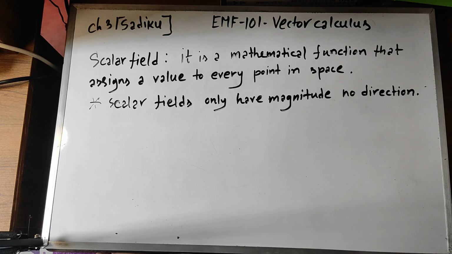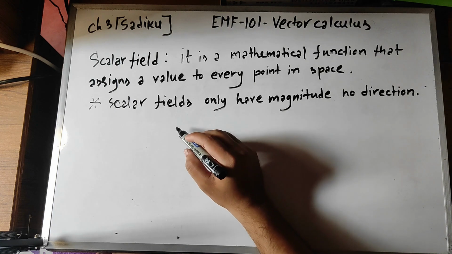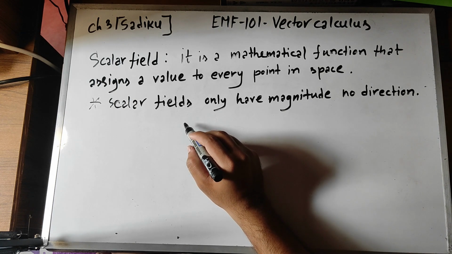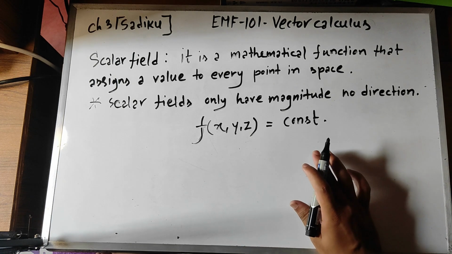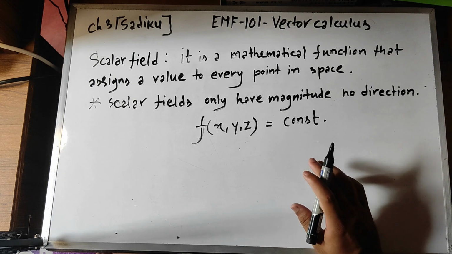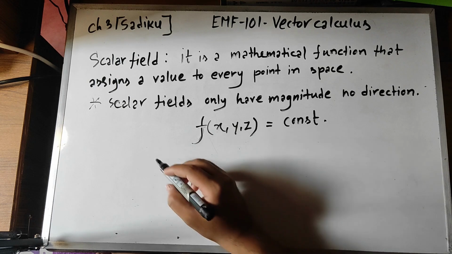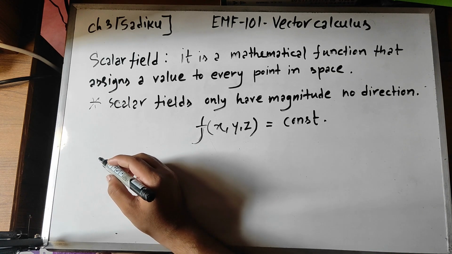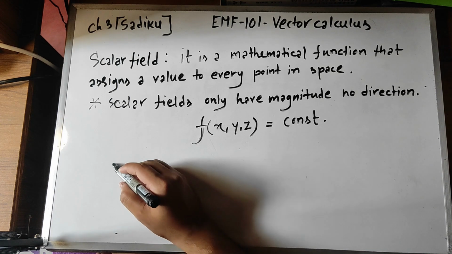So if we wanna define a scalar field in mathematical terms, how are we gonna express it? The mathematical expression can be written as, so this can be interpreted as a scalar field where x, y, z are spatial coordinates.